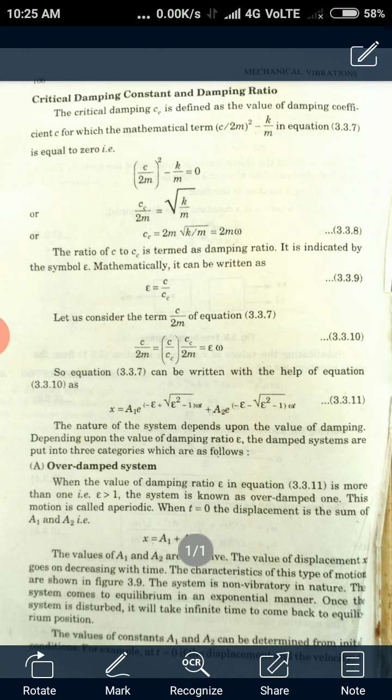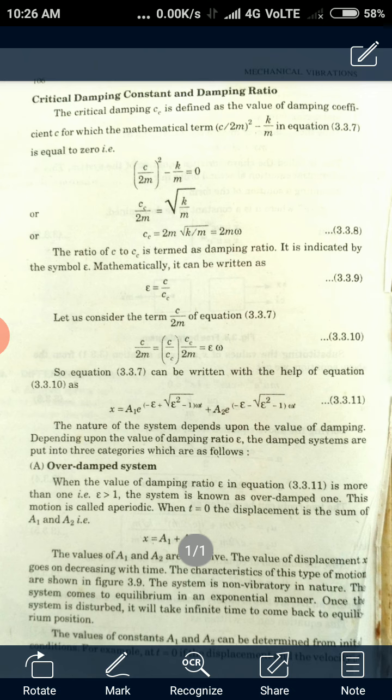That is given by x equals a1 e raised to (−epsilon plus the square root of epsilon² minus 1) omega t, plus a2 e raised to (−epsilon minus the square root of epsilon² minus 1) omega t. This equation 3.3.11 is called the equation of motion for the spring mass system with viscous damping. This is a very important derivation, so try to go through it.